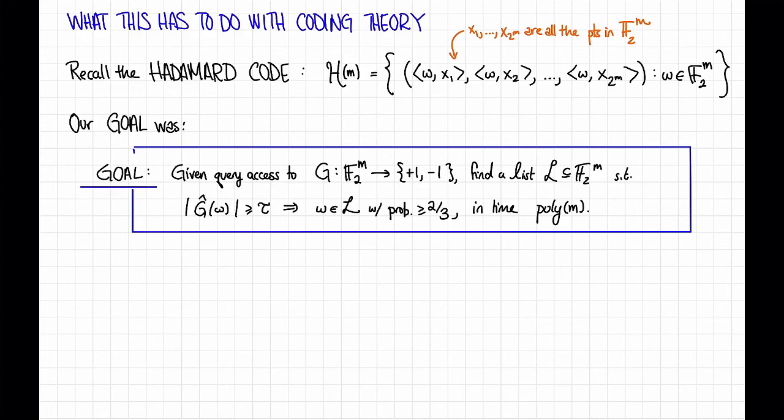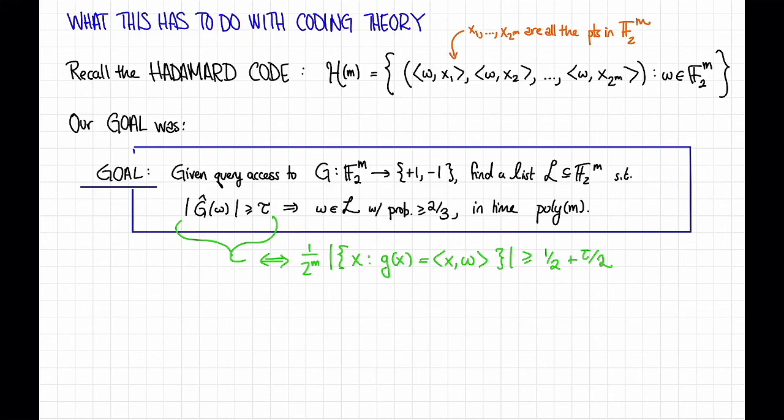That is, the Hadamard code is the set of all vectors that arise as all of the evaluations of some linear function over F2 to the m. Now we can recast this goal from the previous slide in terms of a coding theoretic goal about the Hadamard code.